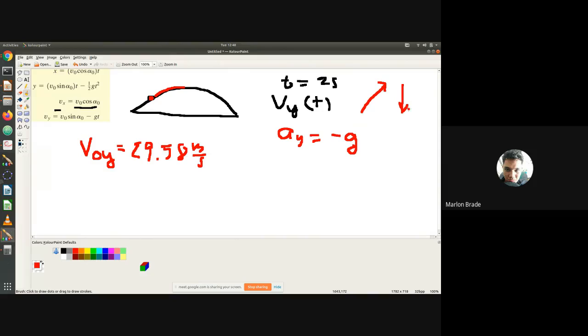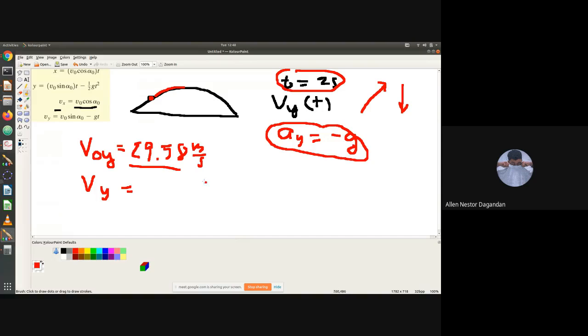So the velocity of your baseball decreases. It starts at an initial velocity of 29.58, but because the acceleration is negative, after 2 seconds your Vy is 9.98 meters per second. At t equals 2 seconds the velocity is still large, but because g is in the opposite direction, it slows down until it reaches 9.98.